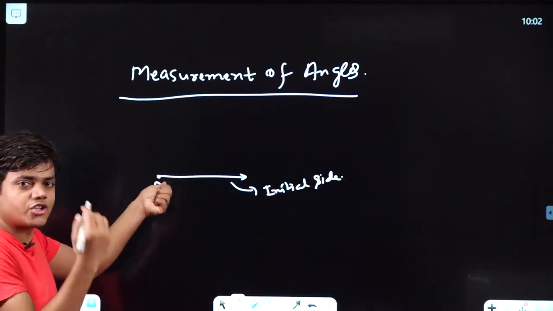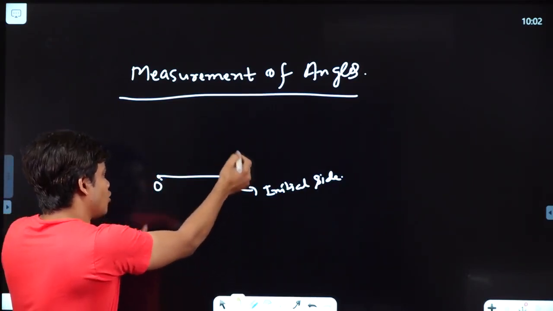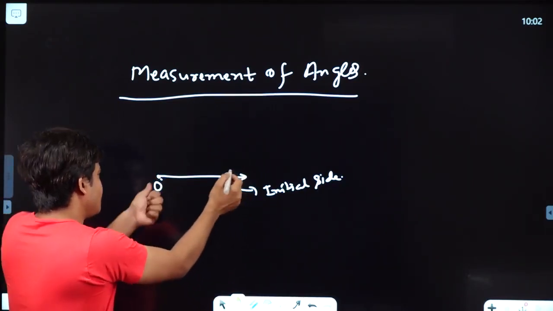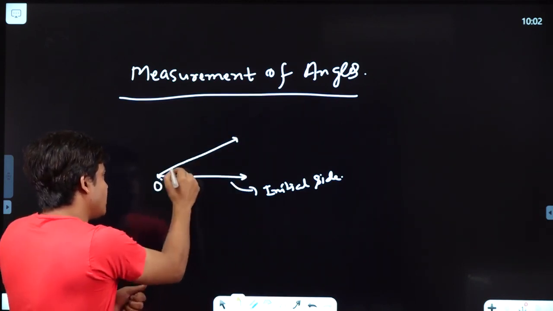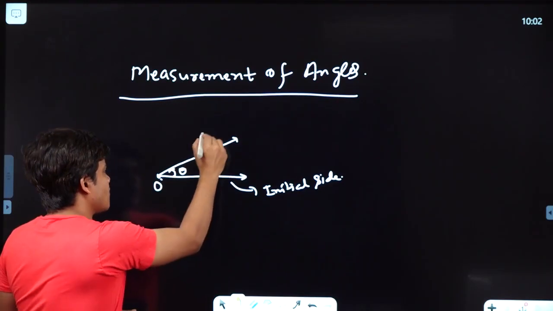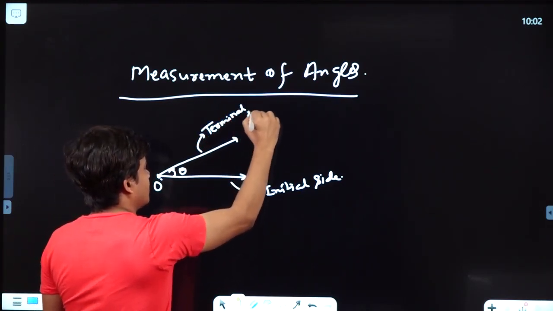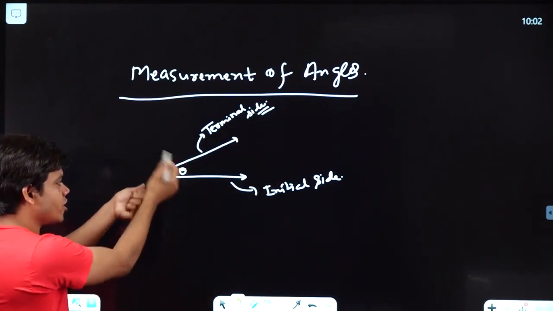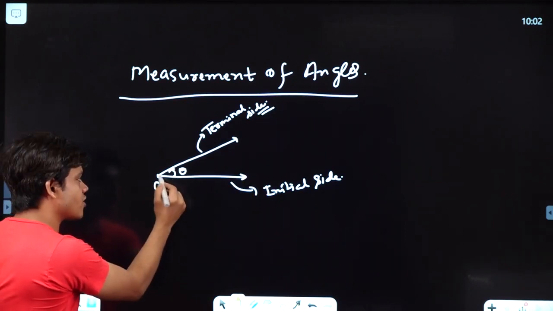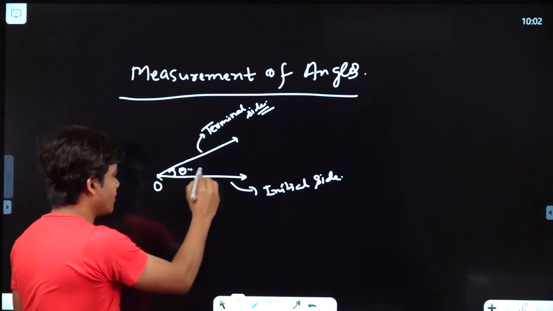This O is the initial point, and if you rotate this in anti-clockwise sense, then you will be over here, and this is the terminal side. So the measurement of rotation from initial side to terminal side is called angle.